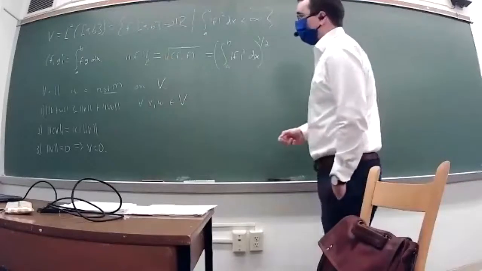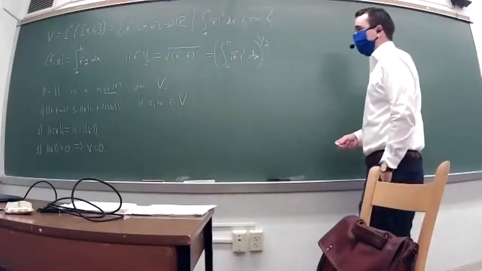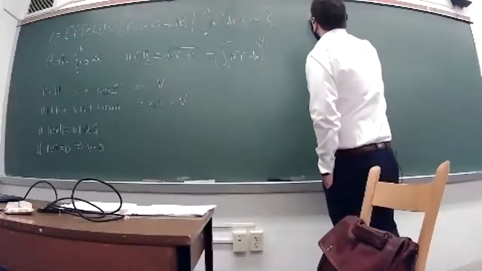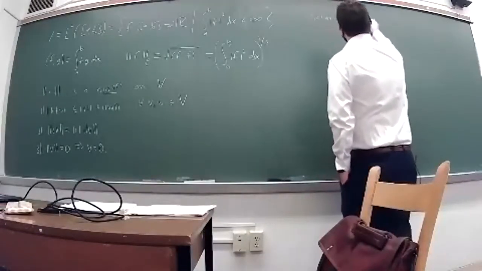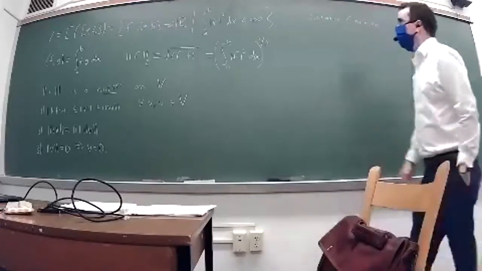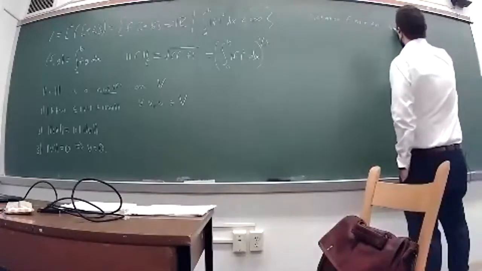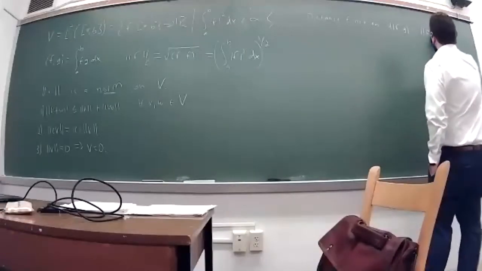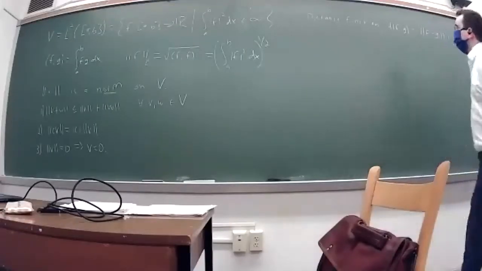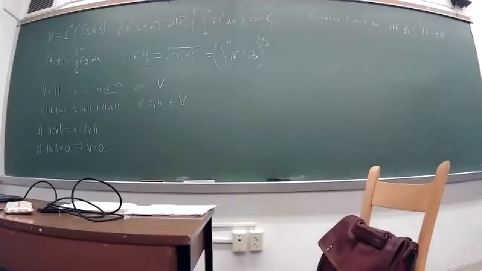And also, this is kind of an aside, but you can define a distance function. Given a norm, you can define a distance function given by the distance between f and g is equal to the norm of f minus g.